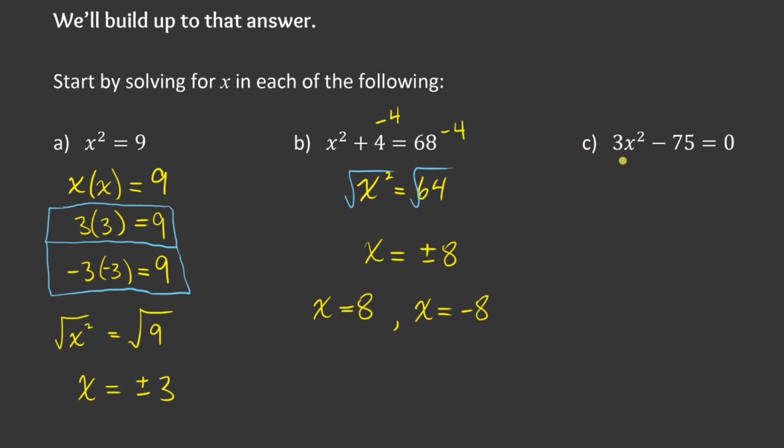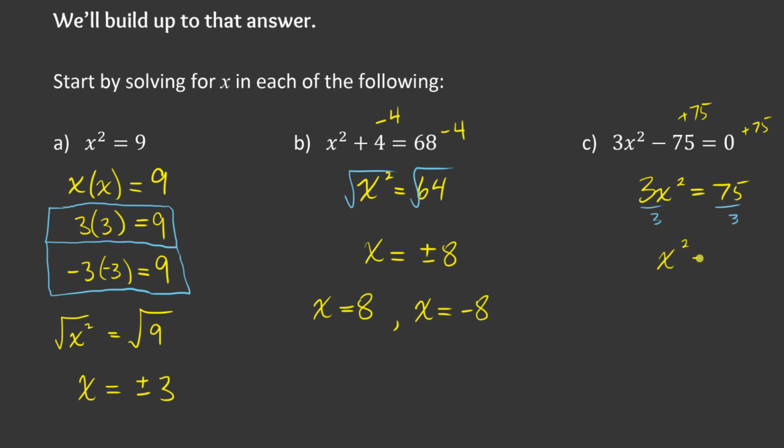On to letter C, slightly different again. I've got a constant, but I also have a coefficient on my x squared. So we're going to add 75 to both sides of this equation, and we'll end up with 3x squared equals 75. Now I'll divide both sides by the 3 to get it away from the x squared. So these two 3's are going to cancel, and I'll divide 75 by 3 on the right.